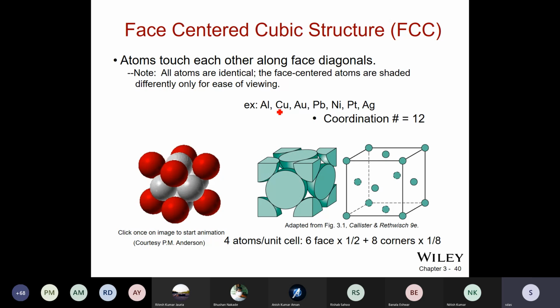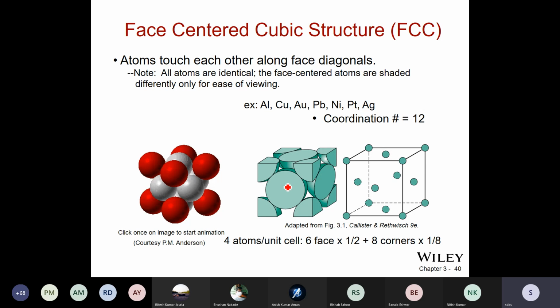Metals like aluminium, copper, gold, lead, nickel, platinum, silver have a face-centered cubic structure. Because of this, face-centered cubic has unique properties which will be told slowly: it has a much higher ductility than any other crystal structure with respect to metals.